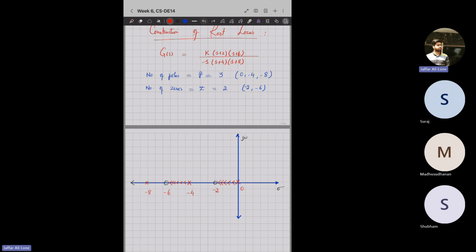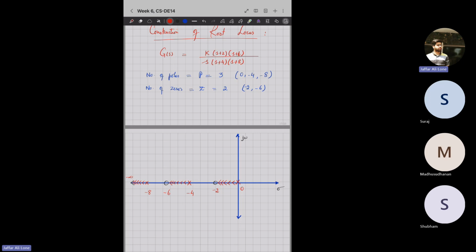This is not a valid region. But to the left of it there is no zero, so it will terminate at infinity. So this will be a valid region, and it will go to minus infinity from here.